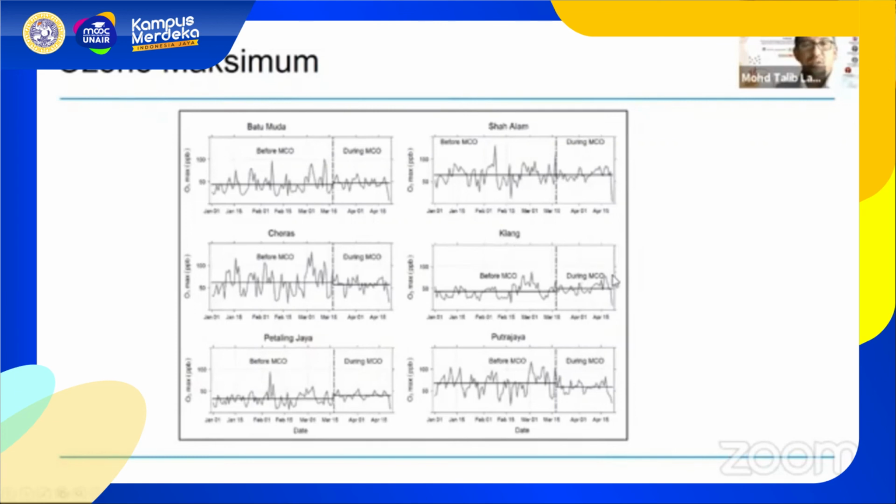It does not show any clear increasing trend overall, but we found that in certain areas it reduced, while in certain busy areas, for example Petaling Jaya, it shows a little bit of an increase compared to other pollutants. Usually in suburban areas it shows a decreasing trend, but in the city center, ozone increased during the lockdown.